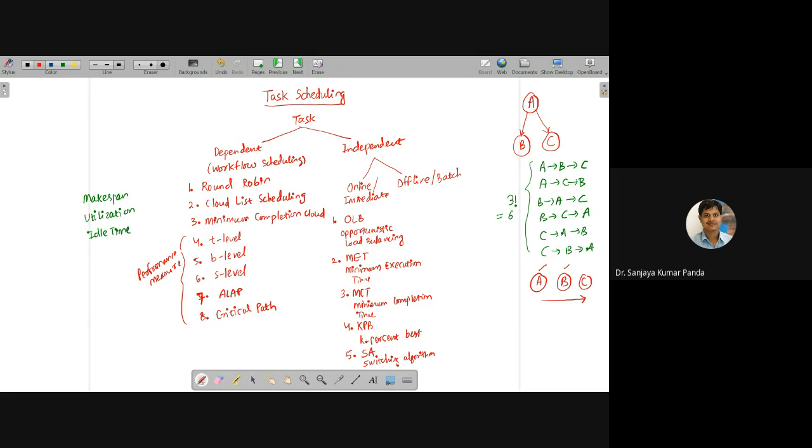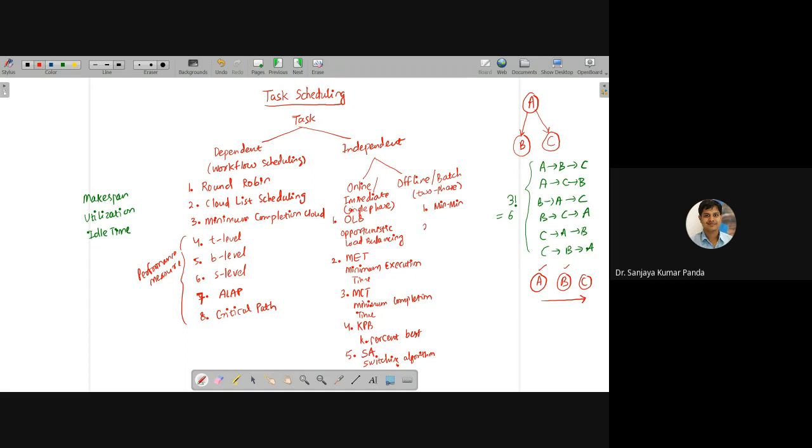Coming to offline algorithms, we will discuss three of them. The first one is called min-min. Okay, in fact, min-min and max-min are single phase algorithms, but these are two phase algorithms. That's why in the first phase we are taking min, in the second phase also we are taking min.